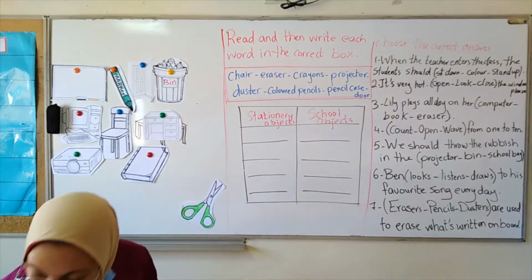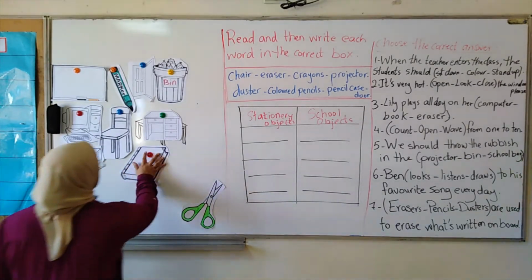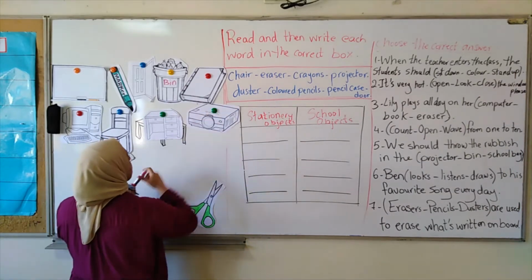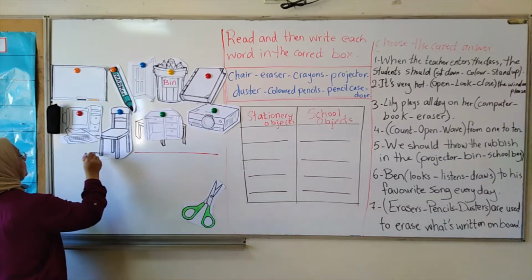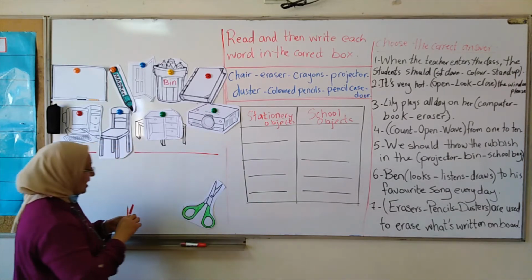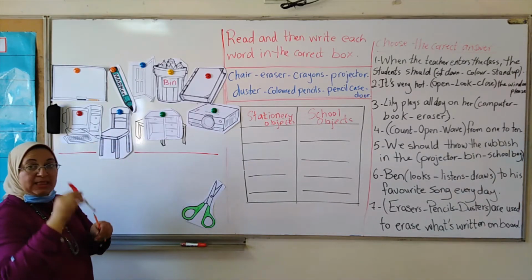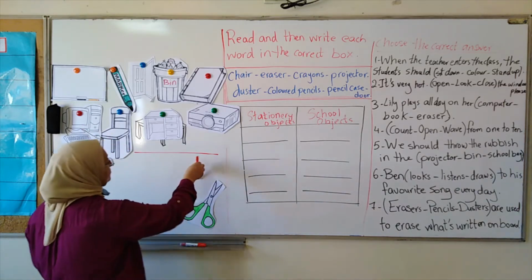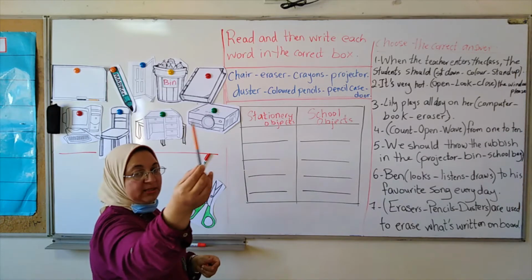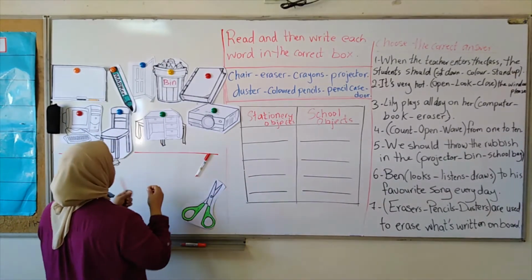Let's just draw a line between the school objects and the stationary objects. So these are the school objects. And now we are going to make the stationary objects. I have pen, pencils. We have pencils, of course.